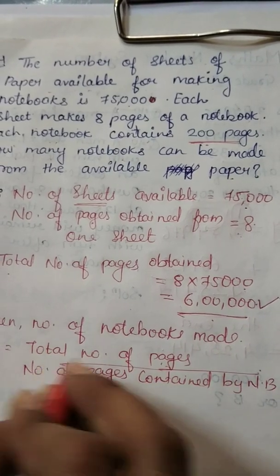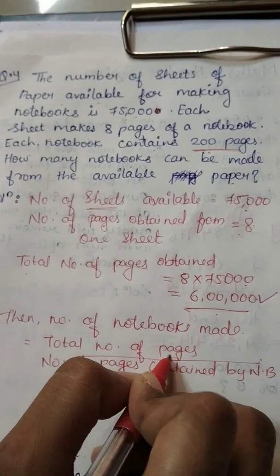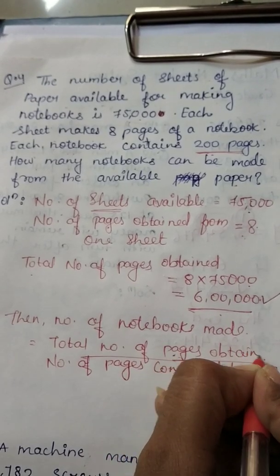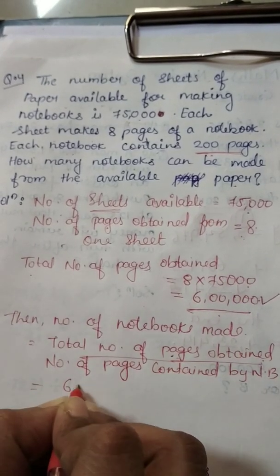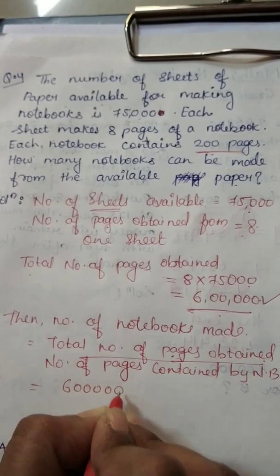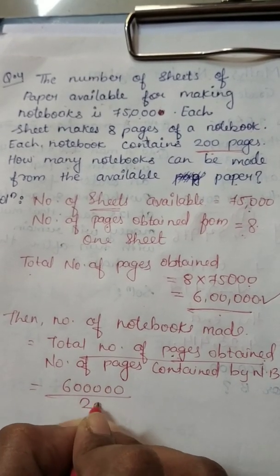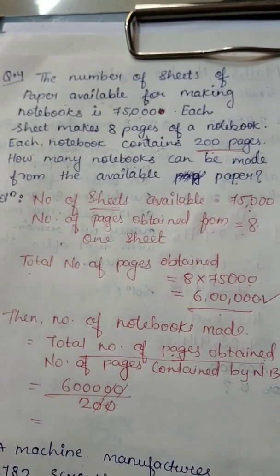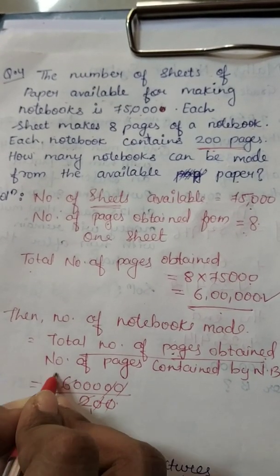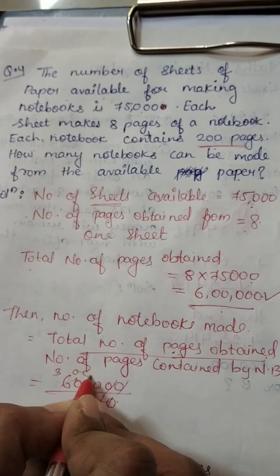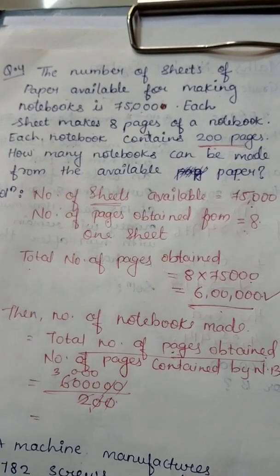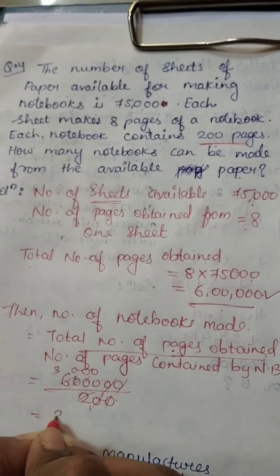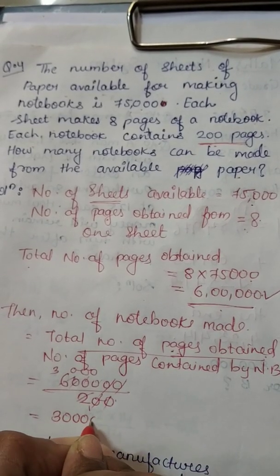Okay, so total number of pages, how many pages obtained? So the pages obtained is 6 lakh upon each notebook contains 200. Cut, 2 ones are 2, 3 twos are 0 0 0. Okay, so 3000. Answer is 3000.